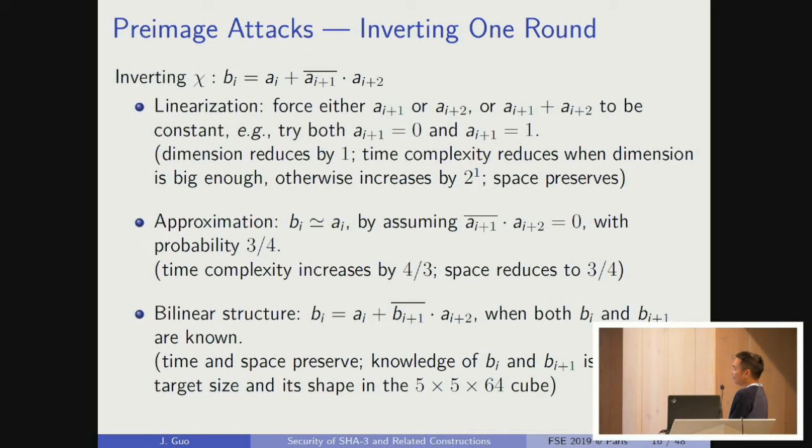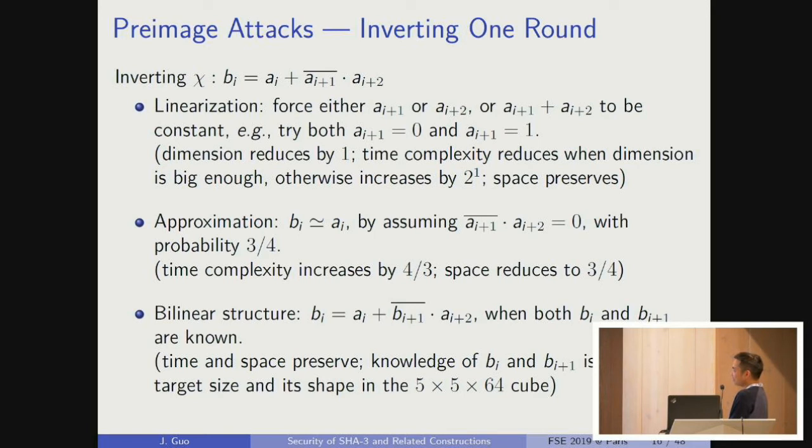However, the space is preserved. If you want to fix this to be a constant, you can brute force all the possible choices, meaning you try both 0 and 1, but you don't try them simultaneously, you try them one by one. So the overall space is preserved. For exploration, we try to assume this one to be 0, because it's a product of 2 variables, so with chance 0.75 it is 0.